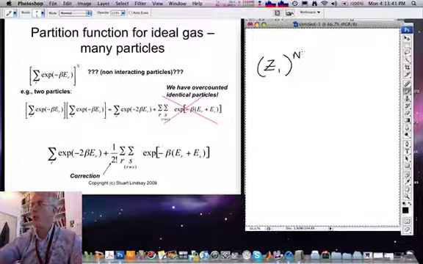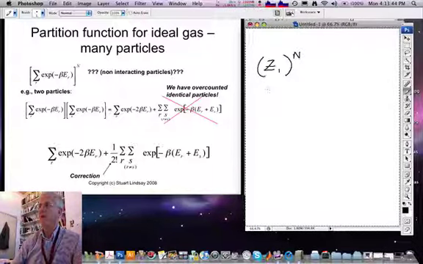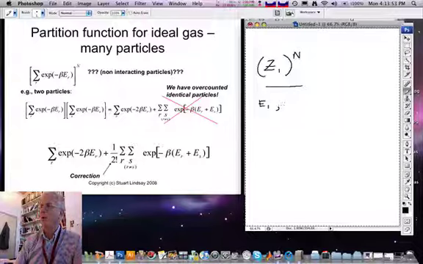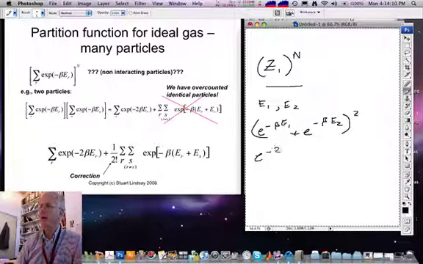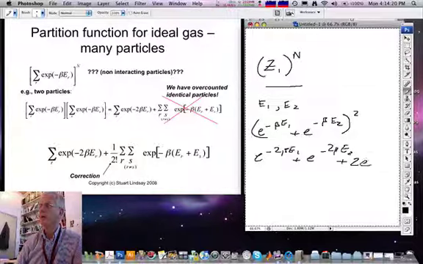Well, this looks good, but in fact it isn't true, and the reason is that the partition function involves this sum. So let's just take the case of two allowed energy states, E1 and E2, and write out the partition function. And now we have two particles, so we're going to square it. So we have e^(-2βE1) plus e^(-2βE2) plus 2 times e^(-β(E1+E2)).